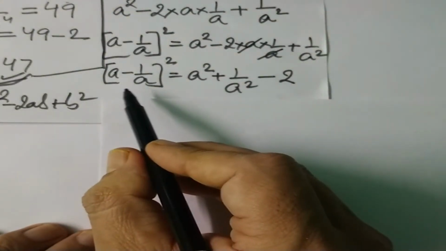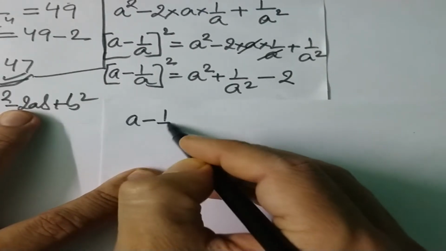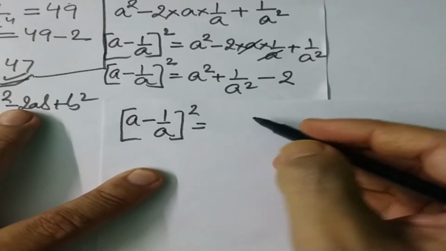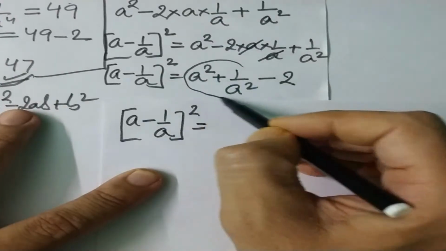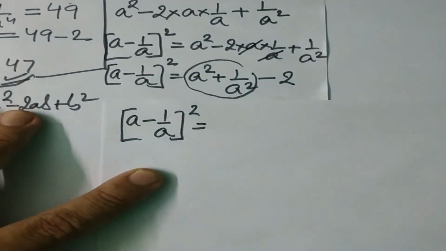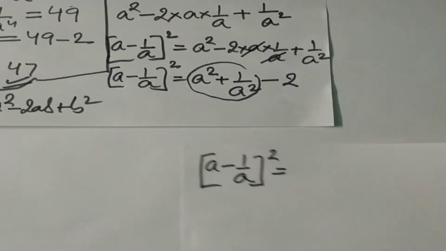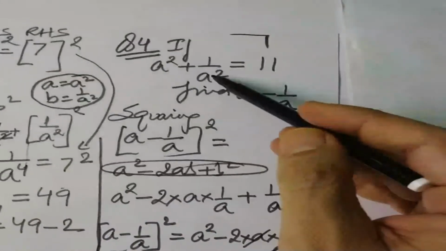(a minus 1 upon a) whole square is equal to this. So it will become (a minus 1 upon a) whole square is equal to, so what is the answer? a square plus 1 upon a square. Now this is already given as a value in the question. See, the value of this is given here, 11.